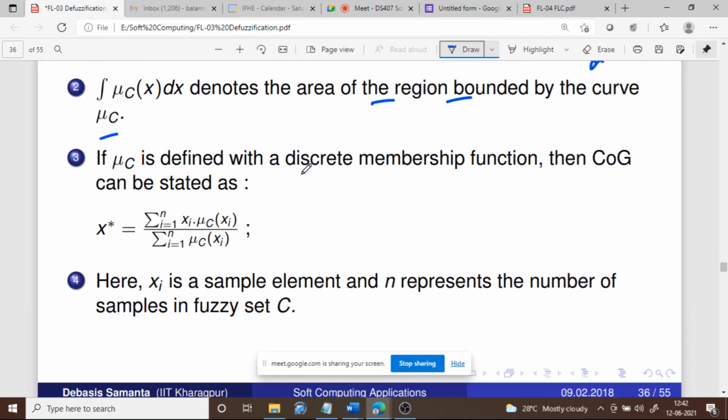Okay, if mu c is defined with a discrete membership function, then COG can be stated as follows. This was with integration, but it can also be equally written using summation.